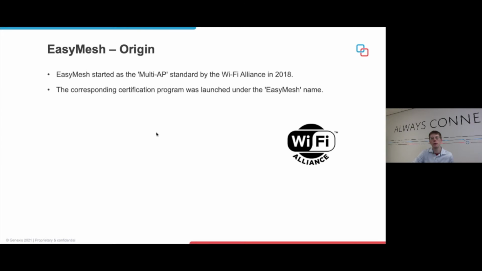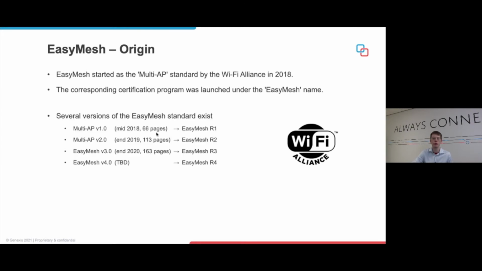And we have a couple of versions of the standard by now. So mid-2018 was the first release, 1.0 multi-AP, and the certification was done under EasyMesh R1. And then there's a couple more versions, and you can see that by standard number 3, version number 3, end of last year, the Wi-Fi Alliance also realized that the industry was picking up on the EasyMesh name.